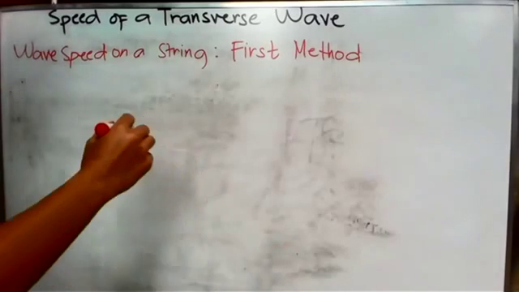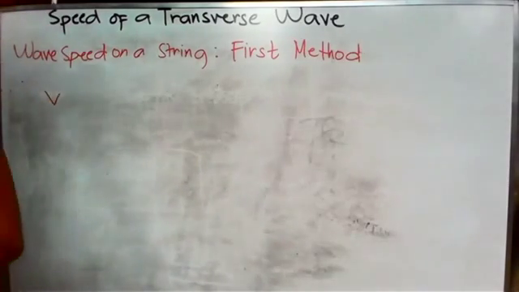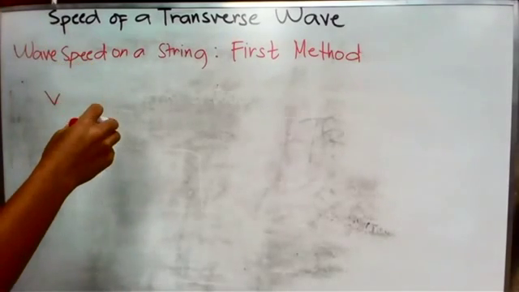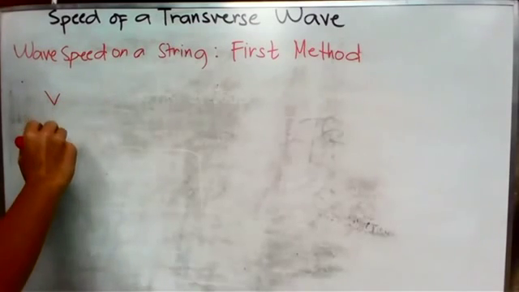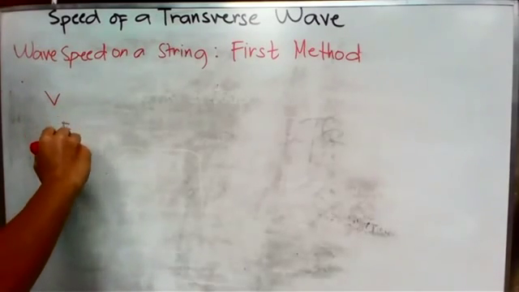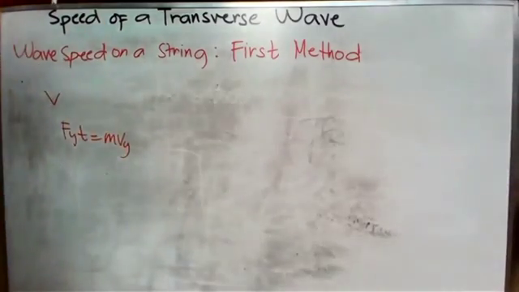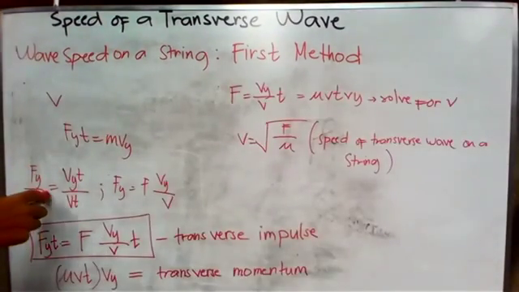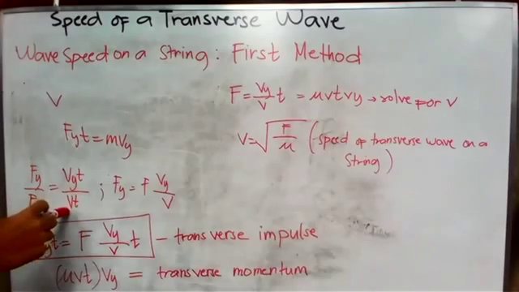To derive the expression for the wave speed v, we again apply the impulse theorem to the portion of the string which is moving at time t, to the left of P. So we have Fyt equals mvy. We have Fy over F, which is our tension, equal to Vyt over Vt.